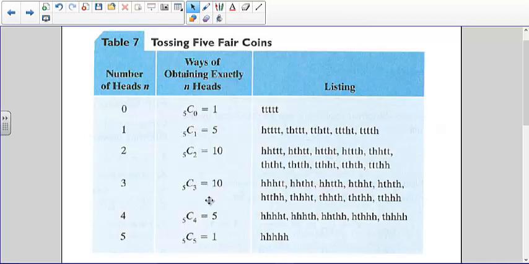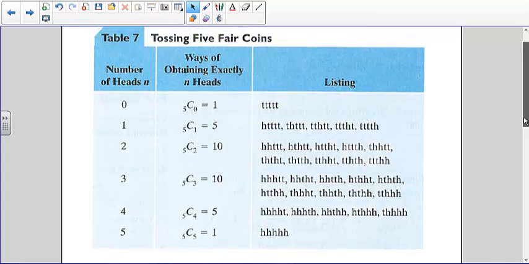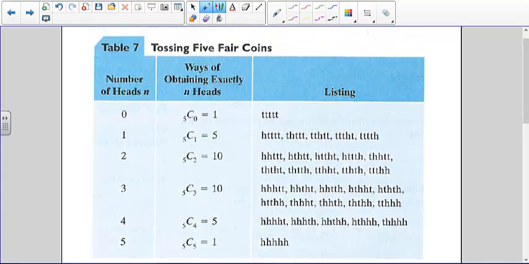It allows you to figure out the number of different ways that, in this case, order is important. To find the total number of possibilities, because I'm allowing repeats, I just have to take 2 to the 5th power, which is 32. So there are 32 total possibilities.